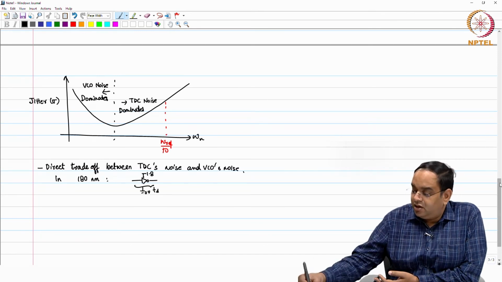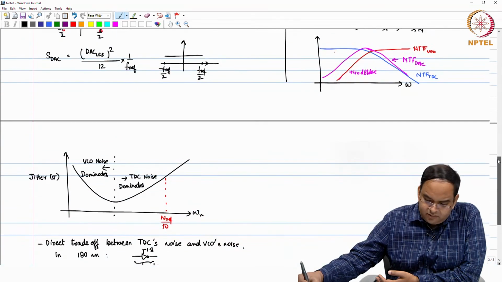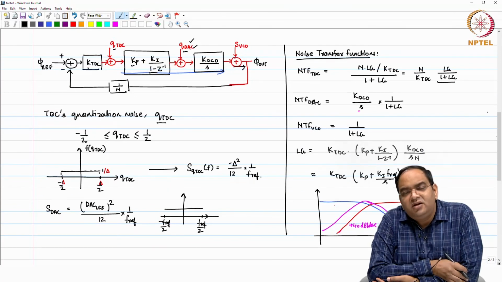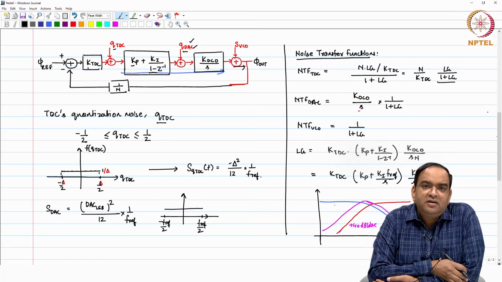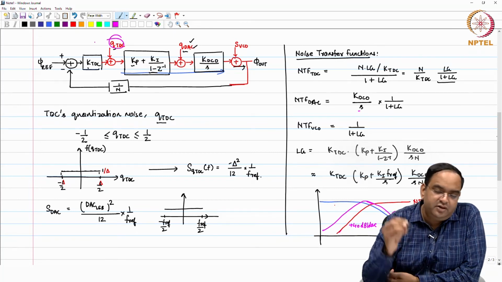The other thing is that quite often, because the TDC becomes power hungry, we reduce the number of bits in the TDC so that the power consumed in the TDC is lesser, and we may be able to extend the range, but that sees a direct trade off with QTDC.